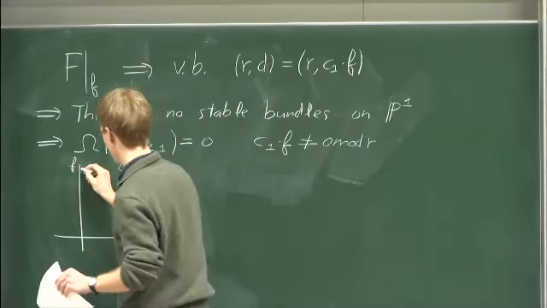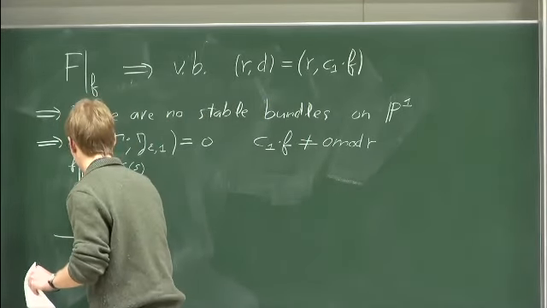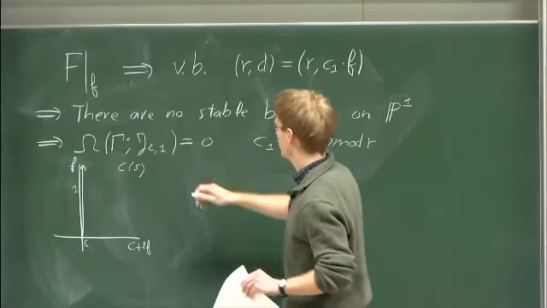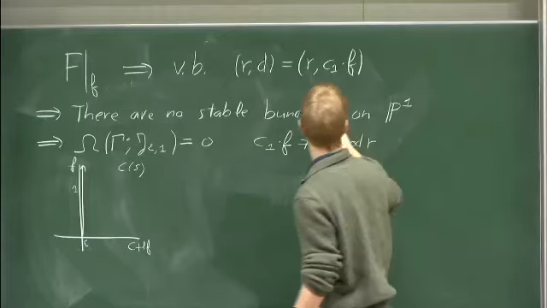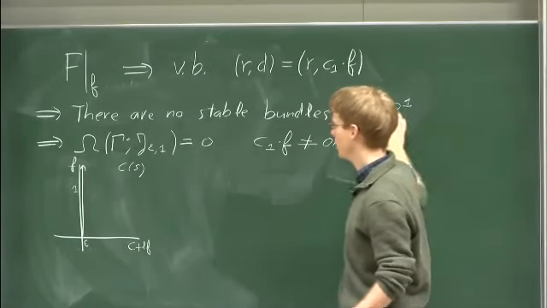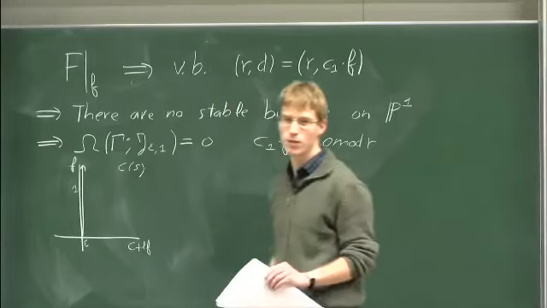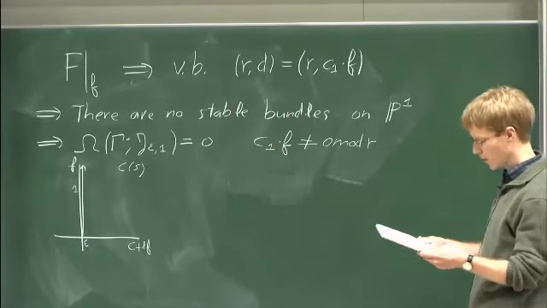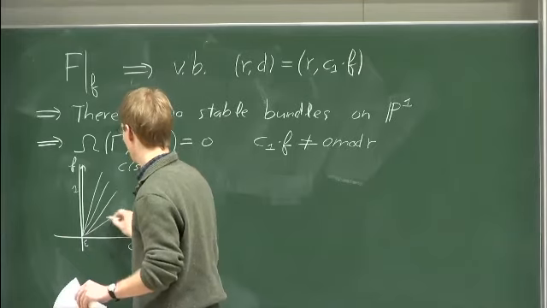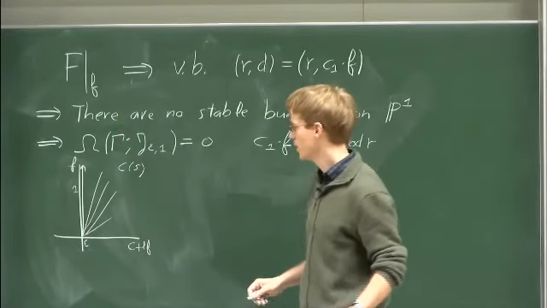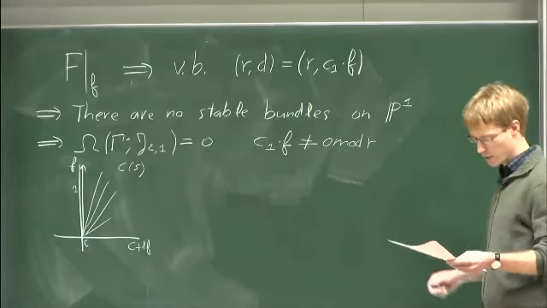Now close to the fiber class, if we go an epsilon away from this, epsilon and 1, then all the stable bundles must also be stable bundles on P1. But since they do not exist, there will also be no stable sheaves or bundles on the total surface. And therefore, from wall crossing, you can get it in all the other chambers, and then you can blow up and blow down if you want to go to P2 to get the other invariants.